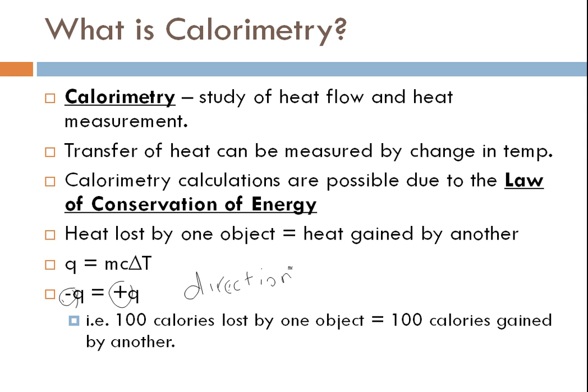Again, the heat doesn't get lost and just disappear into nothingness. That heat is transferred from one object to another. So we're talking about the same 100 calories, and the negative sign indicates a loss of heat energy, versus the positive sign, which indicates a gain in energy. It's that same 100 calories of heat energy that are conserved, they're just being moved from one object to another.